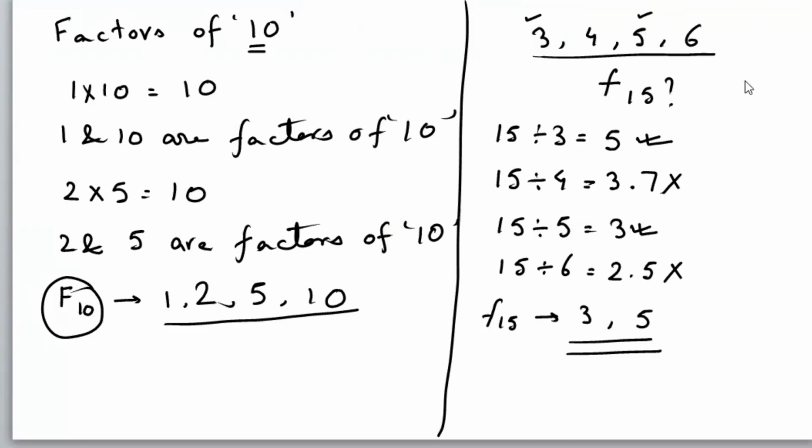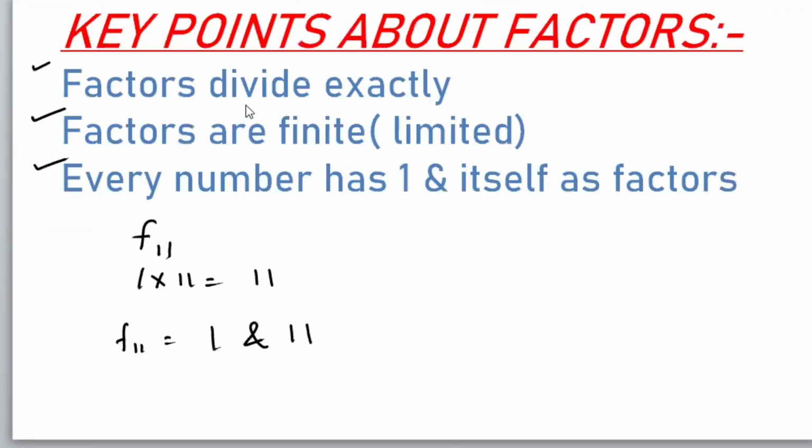The key points of factors: factors divide exactly without leaving any remainder, factors are limited, and every number has 1 and the number itself as a factor.